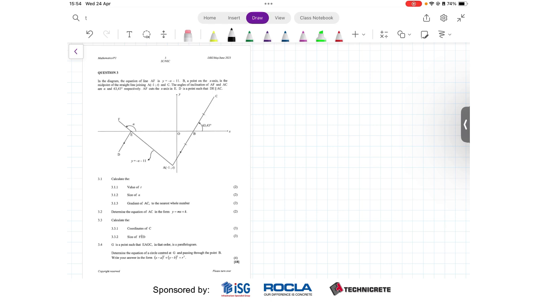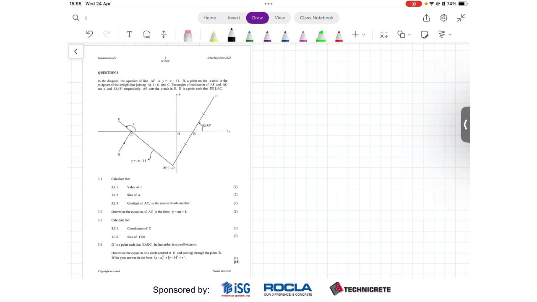B, a point on the x-axis, is the midpoint of the straight line joining A and C. The angles of inclination of AF and AC are alpha and 63.43 degrees respectively.